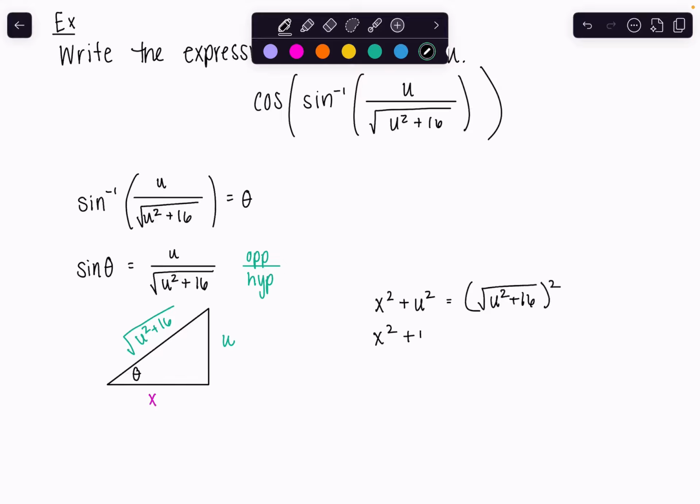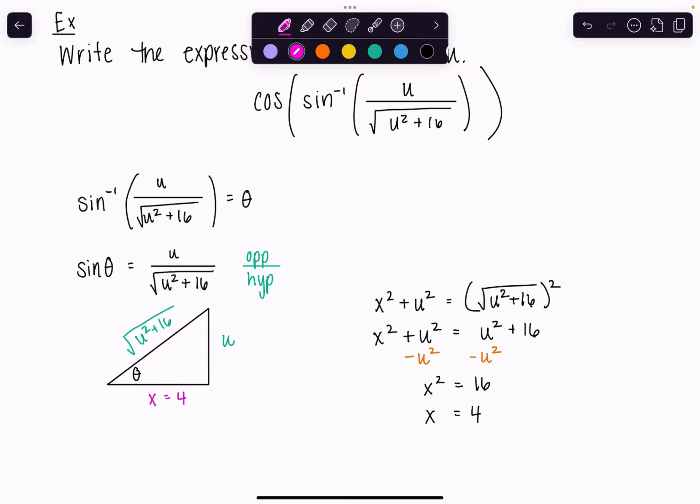I want to solve for x in terms of u. Thankfully, the square and square root cancel. If I move u squared to the other side, x squared is equal to 16. We'll assume the x value is positive, just to make life easier, so x is going to equal 4.